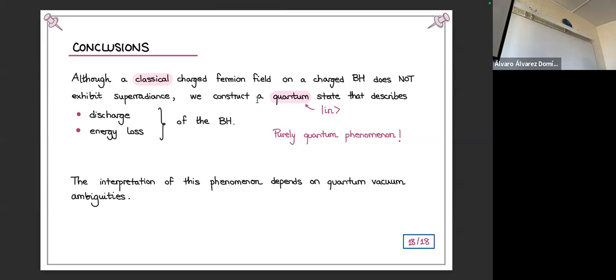No, the difference basically is that for scalar fields, the weak energy condition is respected. And the classical superradiance comes from that fact. I mean, it comes from the area theorem, and the area theorem is derived provided that the weak energy condition is satisfied.